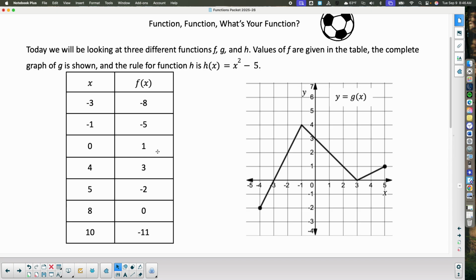Okay, which one's F? The one on the right? No. All right, let's highlight these. The one on the right is labeled that. The one on the left is labeled that. The equation is labeled that.